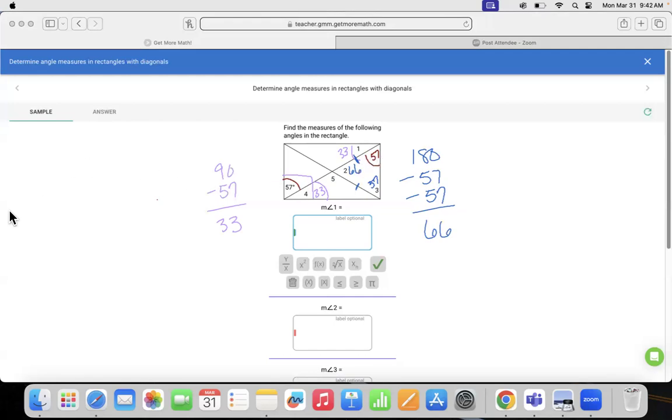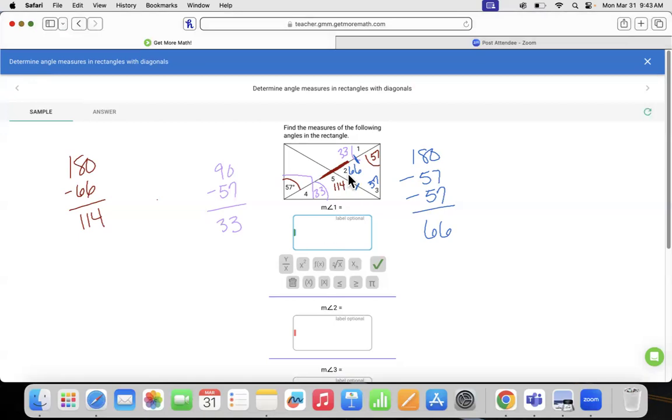And then one more that I have to find here, this one's got a lot of pieces, is angle 5. So again, straight line is 180 minus the 66 that we just found for angle 2 is 114. So angle 5 is 114. Okay. So again, each one of these is going to be a little bit different. You just got to be able to move your brain around the puzzle pieces.